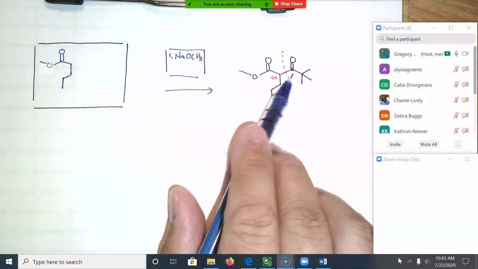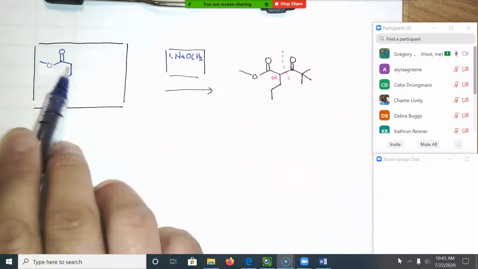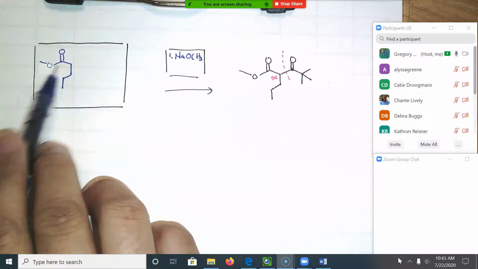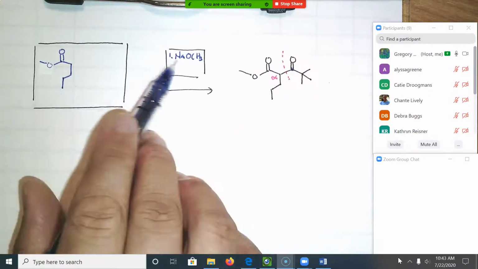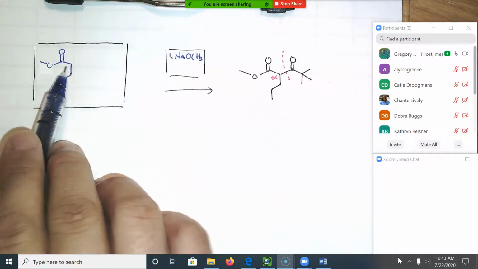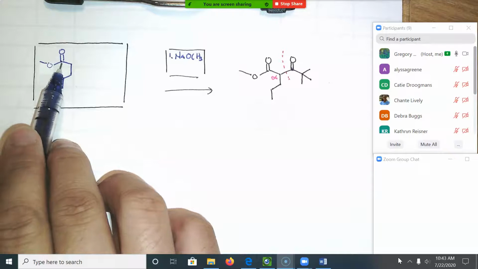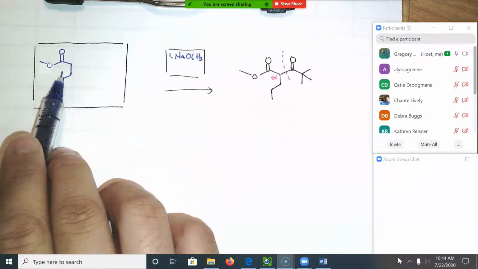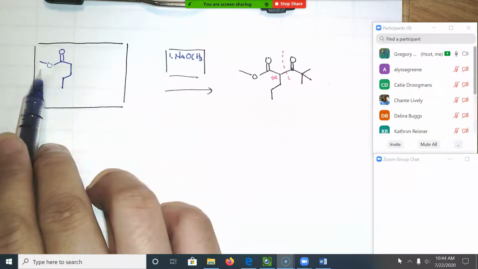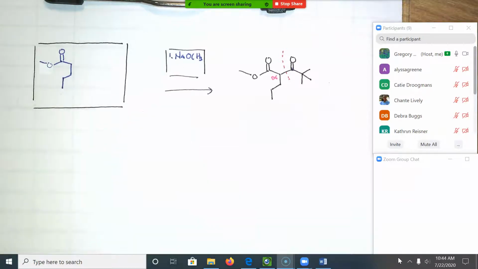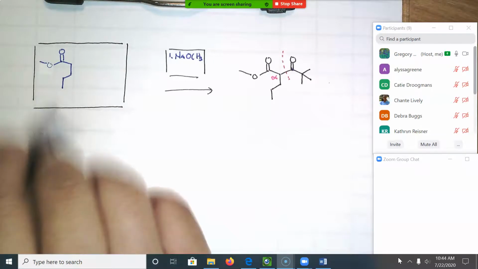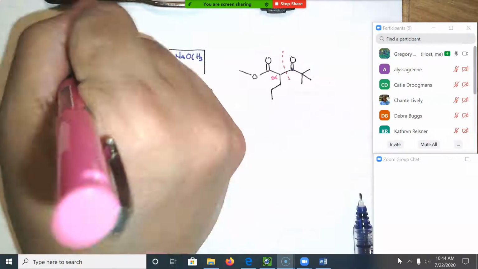But the fact is, if I want to deprotonate this carbon without destroying this ester, I have to use a base that matches that, just in case we get attacked right here, and do transesterification. It doesn't matter if I replace this O-methyl with an O-methyl. It's still an O-methyl.